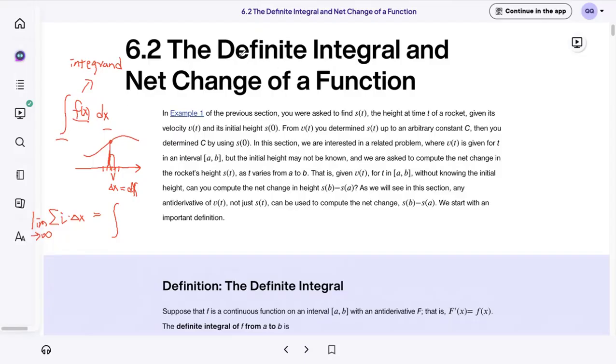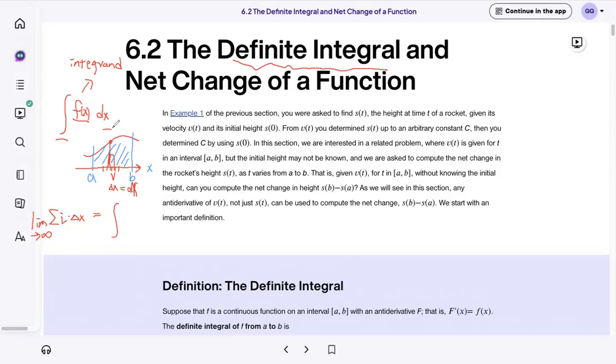So in this section, we're going to talk about the definite integral, which means we're going to go from one value of x, maybe a, to another value of x. So this is the x-axis, and we want to find the area of this, because 2 dimensions represent the area.